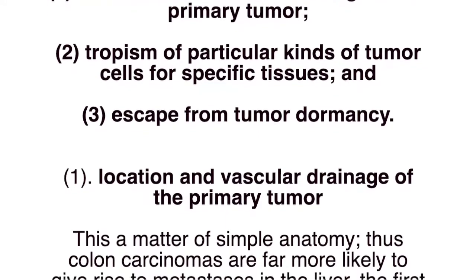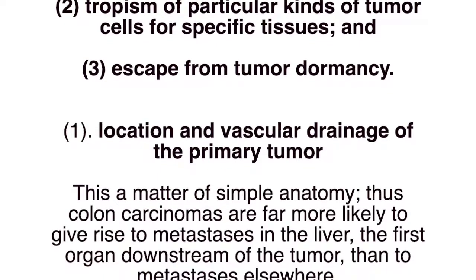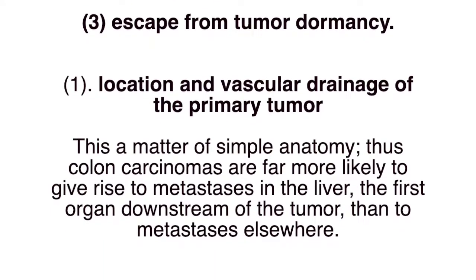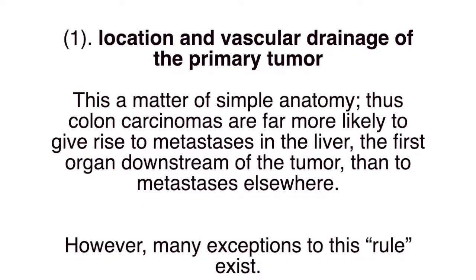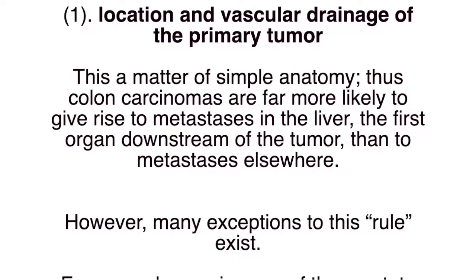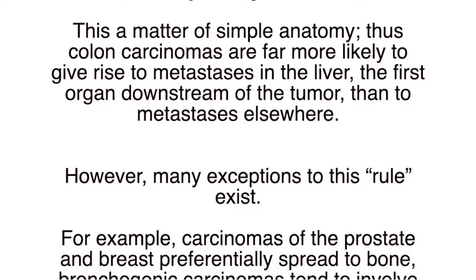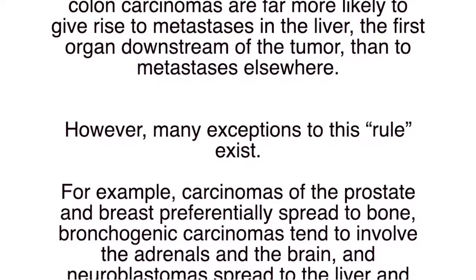1. Location and vascular drainage of the primary tumor. This is a matter of simple anatomy. Thus, colon carcinomas are far more likely to give rise to metastasis in the liver, the first organ downstream of the tumor, than to metastasis elsewhere. However, many exceptions to this rule exist.